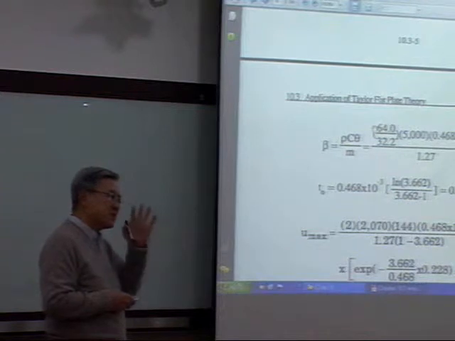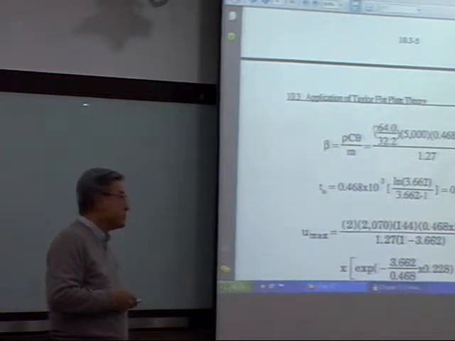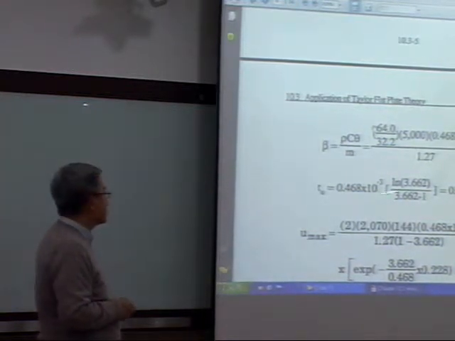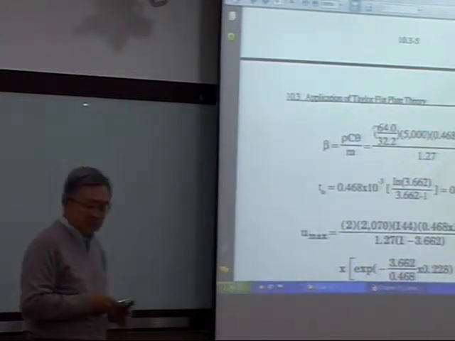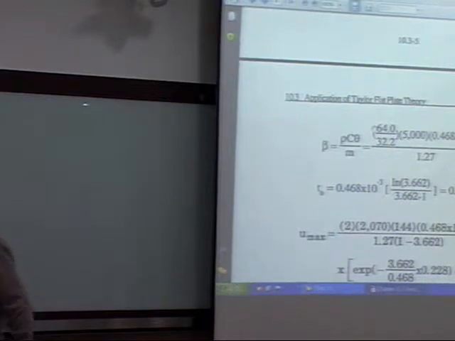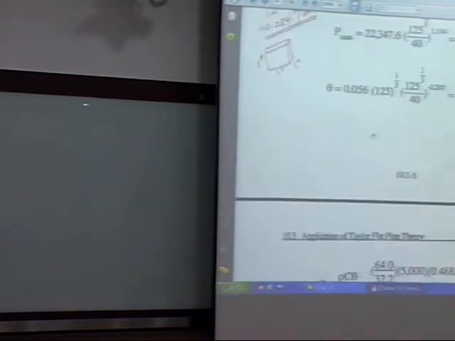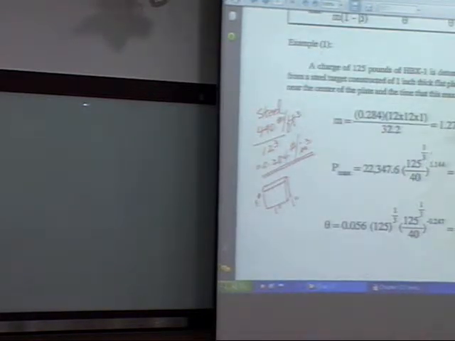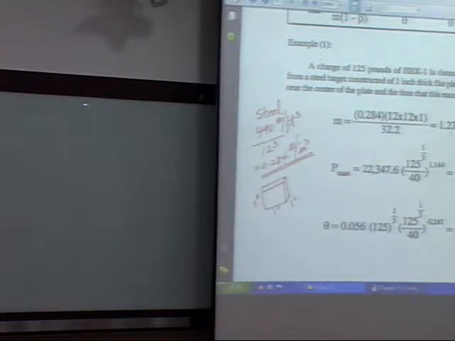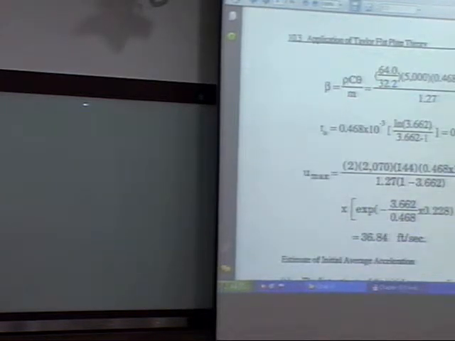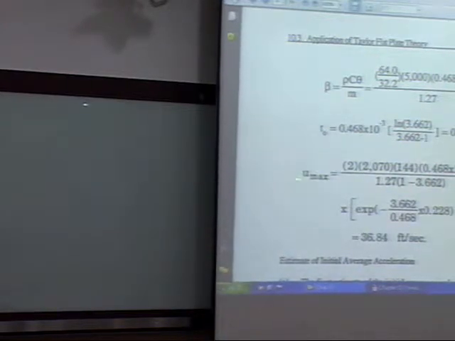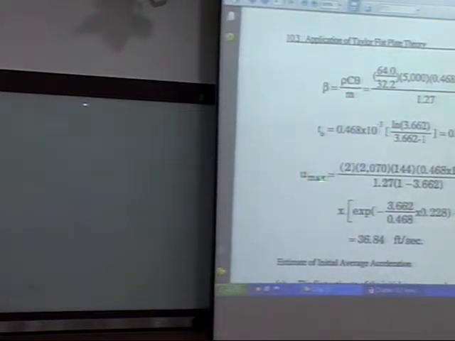Just to make sure that you use the right units, then you're not going to screw it up. The M we computed up there, 1.27, the units are pound, second, and feet. Then you compute the T naught, then U max.